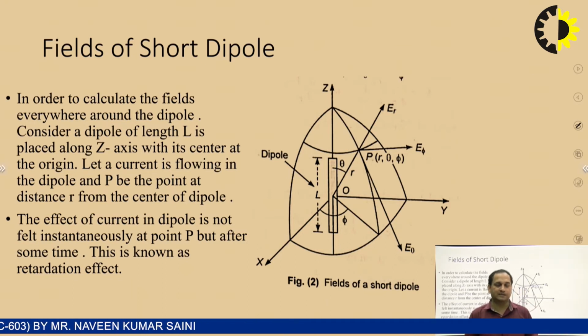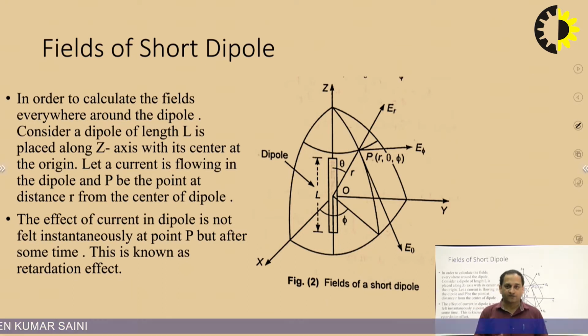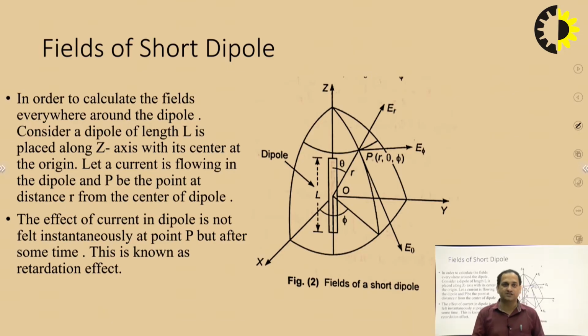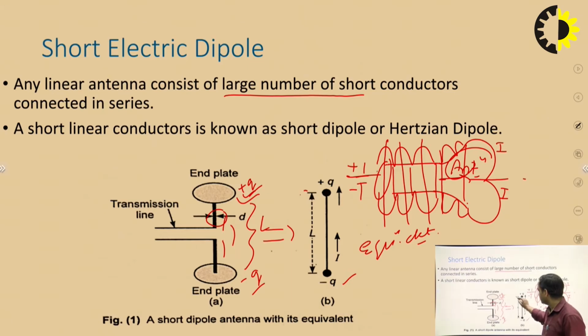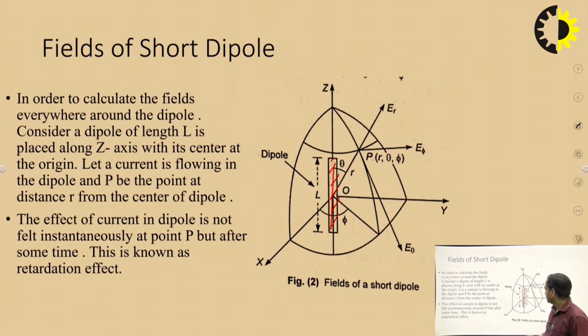Now we come to the point where we want to find the fields of the short dipole. For this case, we are taking this current carrying conductor, the dipole. We want to find the electric field at this point P. We know the components of the electric field.